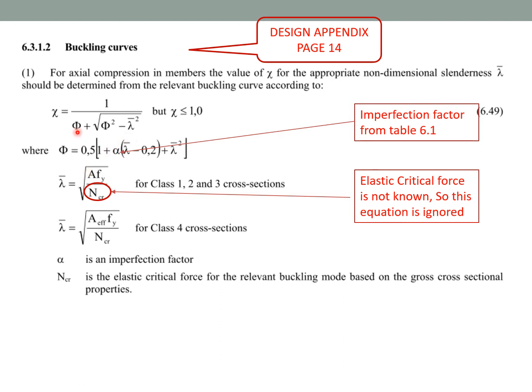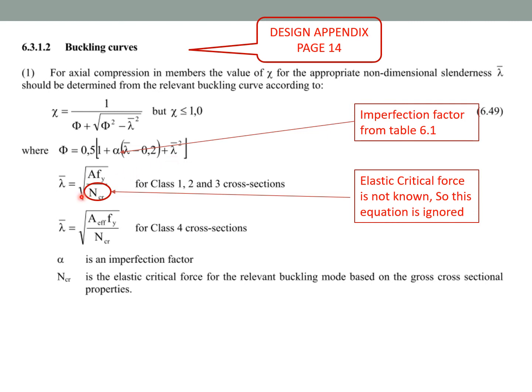The formula for the phi value is given here. And in the formula, we have the alpha value. Alpha is actually the imperfection factor given from table 6.1. And also in the phi equation, we have the lambda prime value.